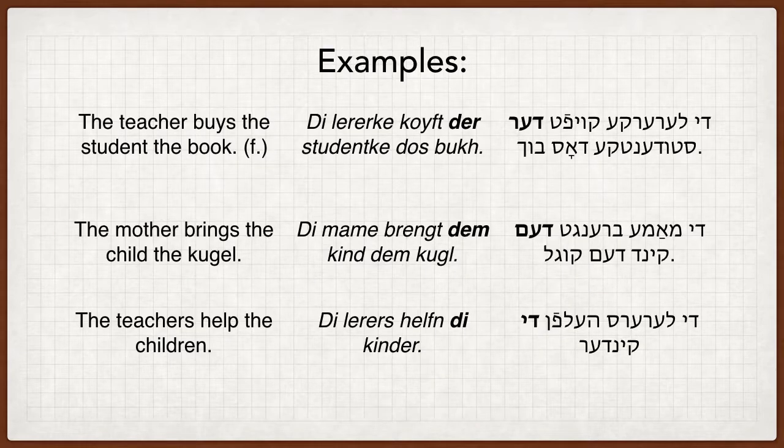And a few examples, because they help you to understand dative even better. The teacher buys the student the book. Die Lehrerke kauft der Studentke das Buch. Die Lehrerke, the teacher, is the one buying something, therefore she is the subject, and the subject is in nominative.